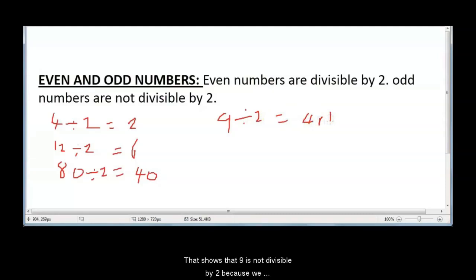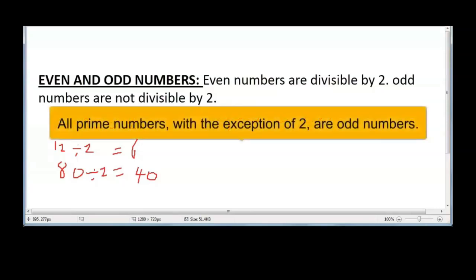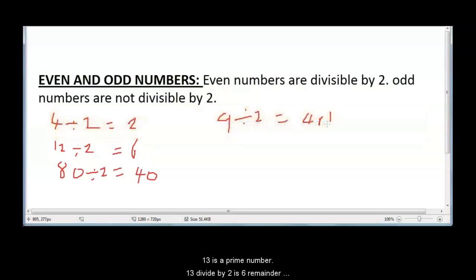That shows that 9 is not divisible by 2 because we have a remainder of 1. 9 is therefore an odd number. All prime numbers with the exception of 2 are odd numbers. 13 is a prime number. 13 divided by 2 is 6, remainder 1. So 13 is an odd number.